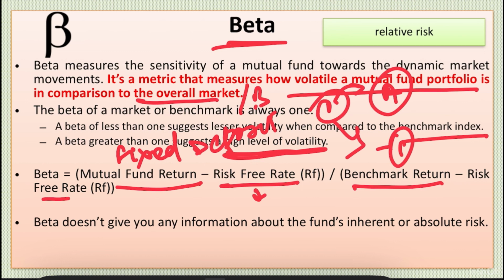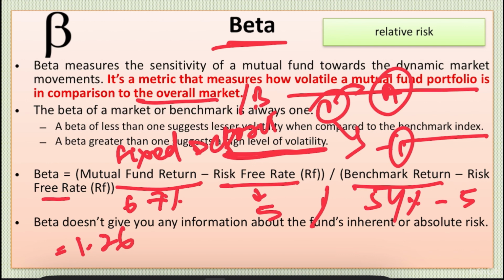Now if for any mutual fund the rate of return was 67% and the risk-free return was 5%, divided by our benchmark return, say 54%, and the risk-free rate of return is again 5%, then my beta comes out to be 1.26. Now what does this value tell us?